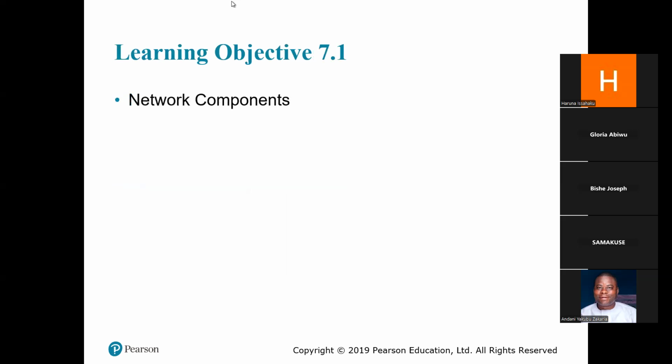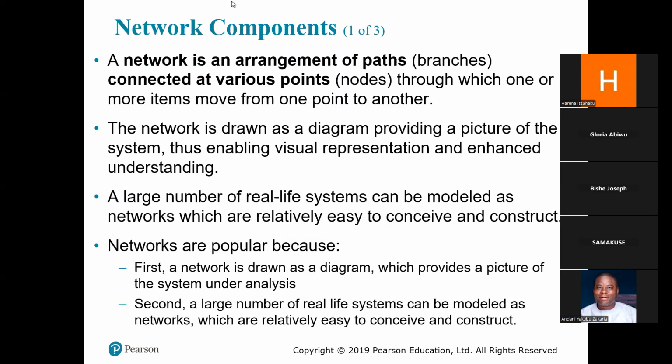Now, so let's look at the network components. When we talk about a network, we are looking at a situation where we have arrangement of paths. So these paths can also be referred to as branches, connected at various points, and these points of connection are referred to as nodes, through which one or more items move from one point to another.